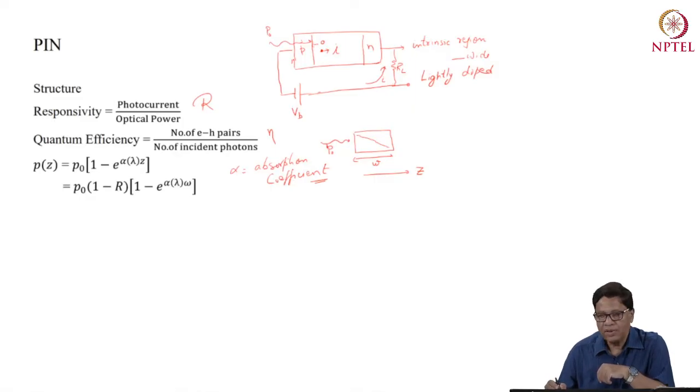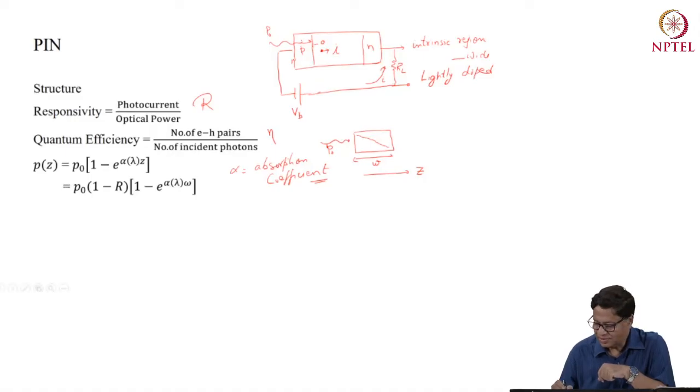What actually happens is that when the power P0 is incident on the PIN photodiode, not the whole of it goes inside the device. Some part gets reflected back.